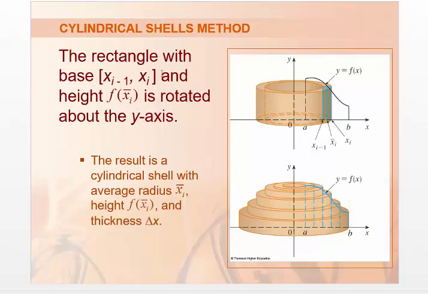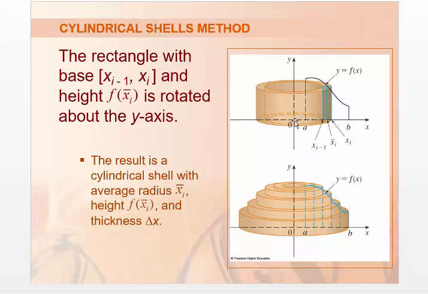The rectangle with base the two endpoints x sub i and x sub i minus 1, where its average x value is between them, is rotated about the y-axis. So I'm going to take this rectangle here and rotate it around. You can see here how we get the concept of the rectangle. The height of the rectangle here is where it hits the graph, and that's given by f of x bar sub i.